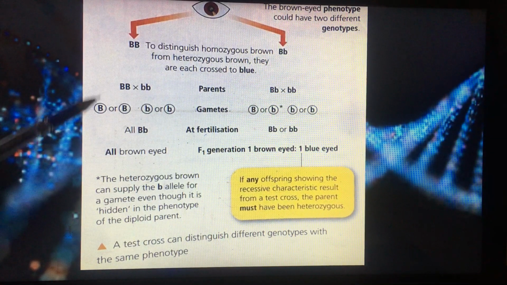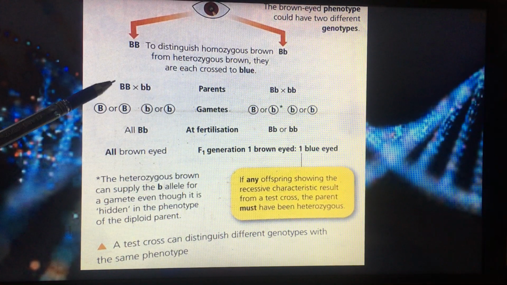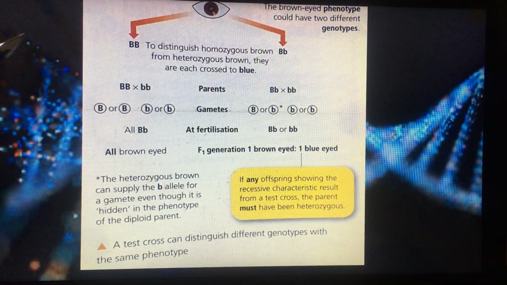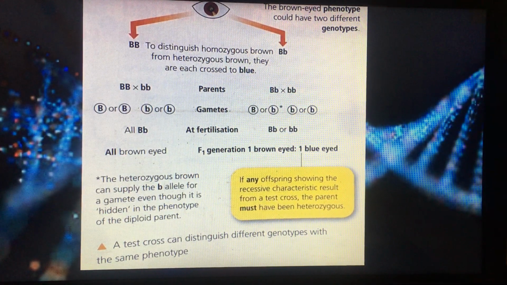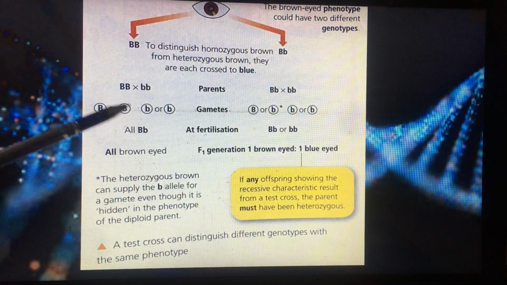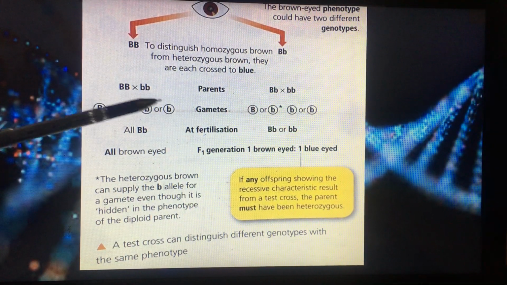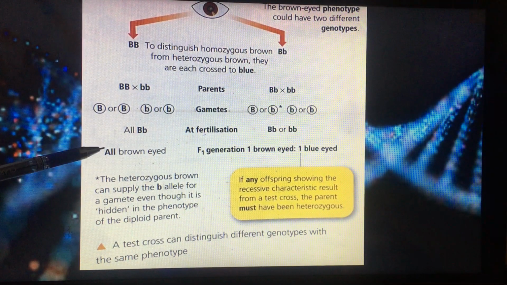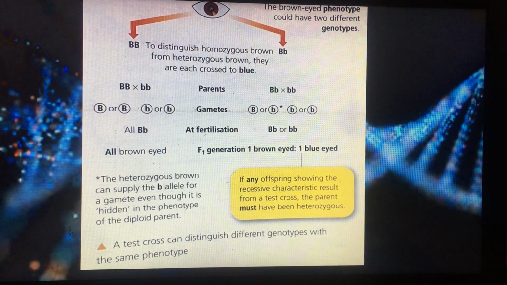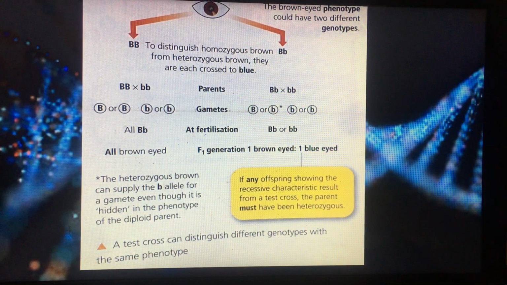Now what will happen when B capital from one of the parents meets the second parent, B small B small? We say that will give us 4 gametes. When they cross together, all the offspring will be B capital B small. So all the colors will be brown.